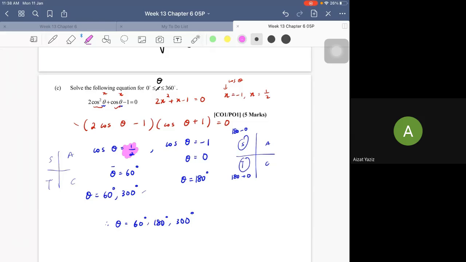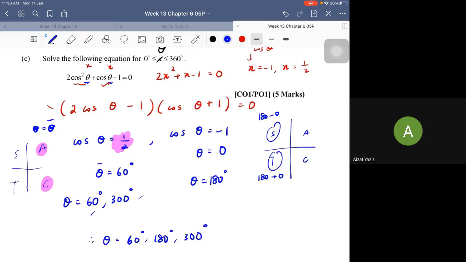Dekat mana nilai dia positif? Cos ni, dia positif dekat kuadran 1 dan kuadran 4. Kalau dia dalam kuadran 1, nilai theta ni sama dengan reference angle. Sebab tu dia jadi 60. Tapi dalam kuadran yang keempat, dia jadi 360 tolak reference angle. So 360 tolak 60, dia jadi 300.